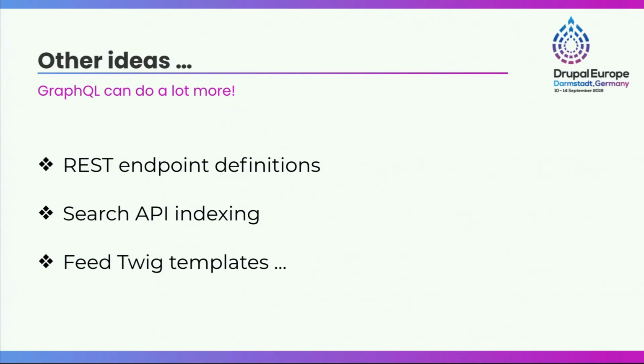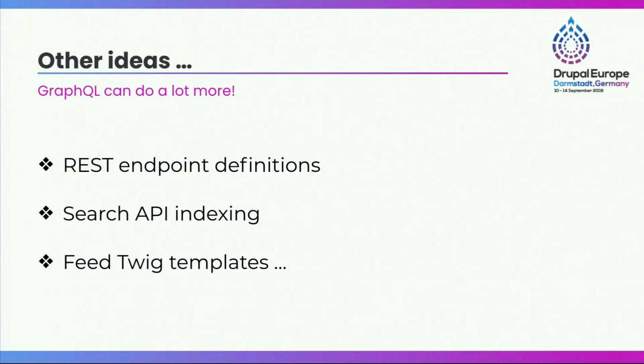One other great idea that we had, and we will probably at some point implement, is: who is working with Search API or has worked with Search API? A lot. Then you know the field definition interface of which field should be part of your index. This could be just one GraphQL query as we've seen it before. You could traverse as deep as you want.